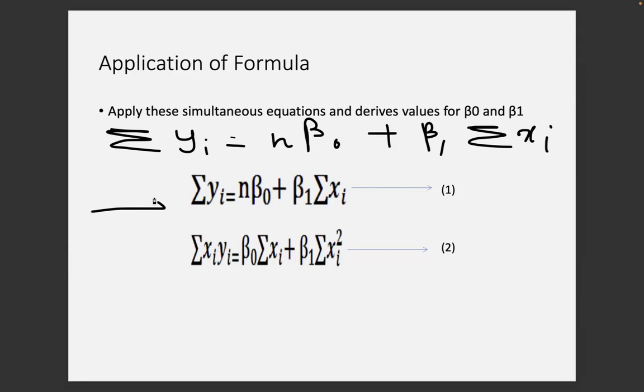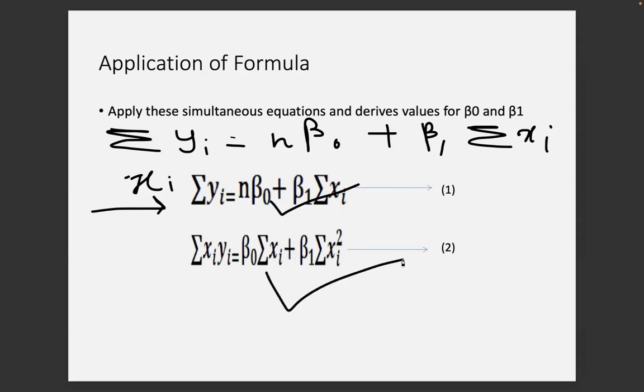If we multiply the complete equation with xi, then what do we have? Sigma xi yi equals beta naught sigma xi plus beta 1 sigma xi squared. That's one, which we received with the multiplication of xi.